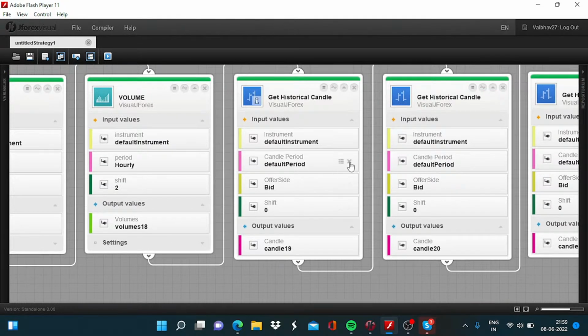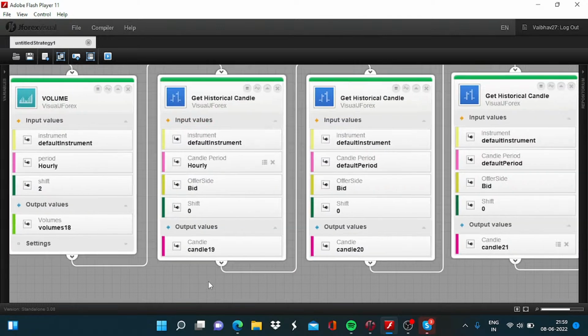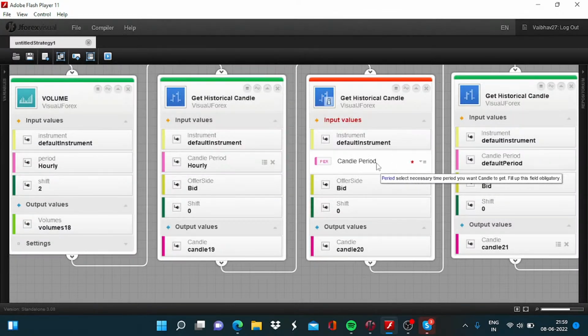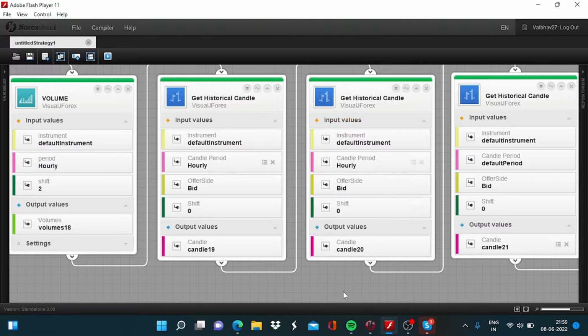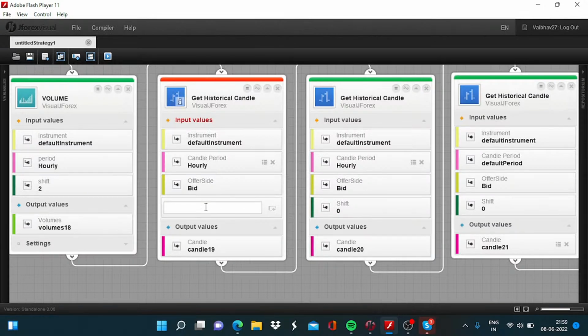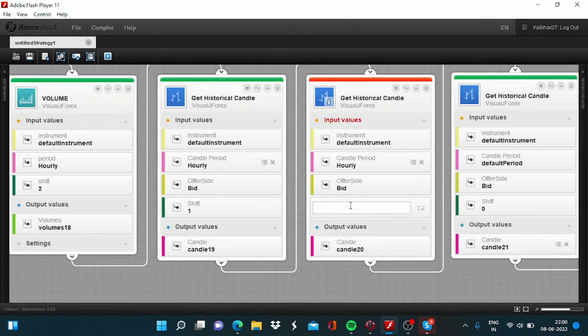Coming to defining of the input parameters for these info blocks, this will be changed to hourly. This one will also be changed to hourly. And here the look back period needs to change to 1 and 2.